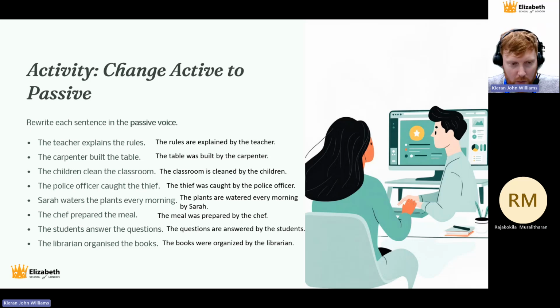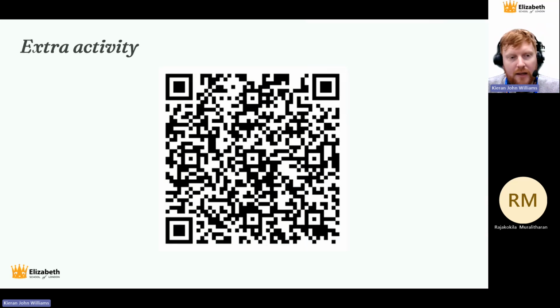So it is a little bit tricky at the start, changing it into the passive voice. But once you have a lot of practice with it, you will be doing it naturally and perfectly. If you do need more practice with the active and passive voice, then I suggest you scan this QR code that is currently on the screen, and it will take you to an extra activity you can do to practice those skills.